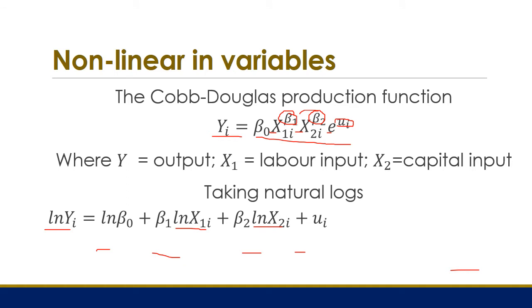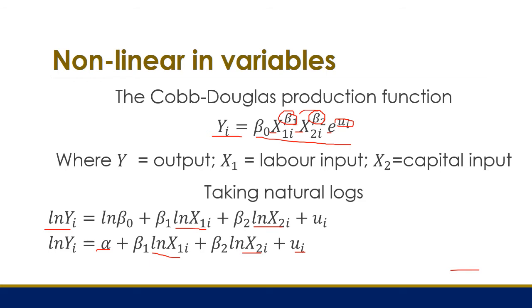Now you'll see you've got the ln of y, the ln of x1, and ln of x2. In this case, the model is in linear form in terms of the logarithms. We can simplify slightly and write this as alpha plus b1 log of x1 plus b2 log of x2 plus the error term.